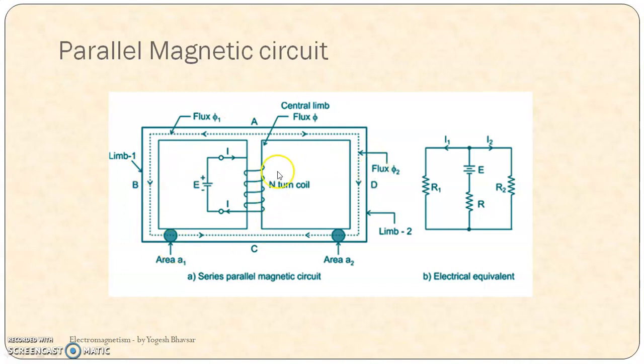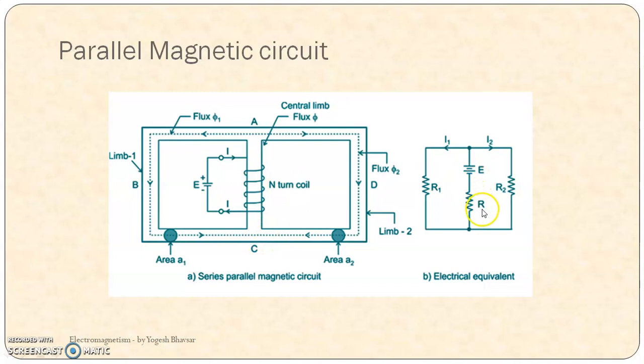So when we draw the equivalent electrical circuit for this parallel magnetic circuit, it will be more clear. Look at that. On the central limb, we have the MMF source, and the resistance, which is nothing but the reluctance of this path A and C, right?